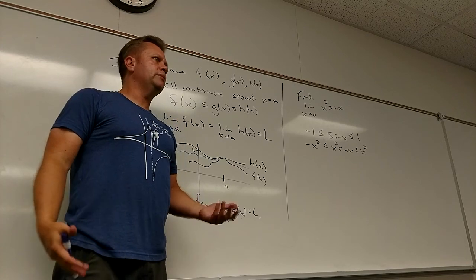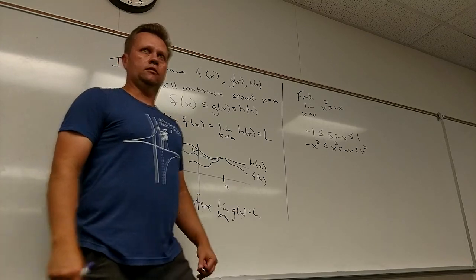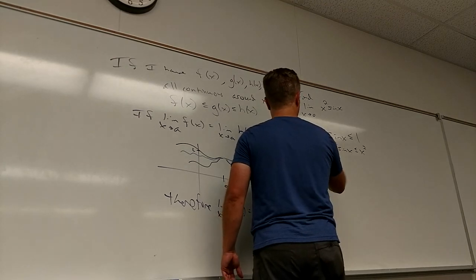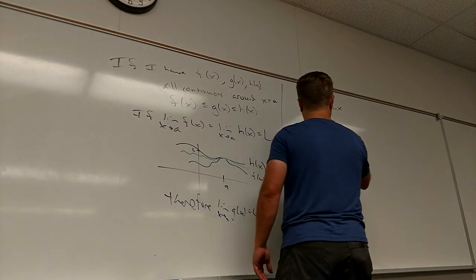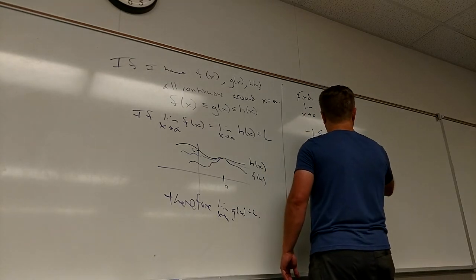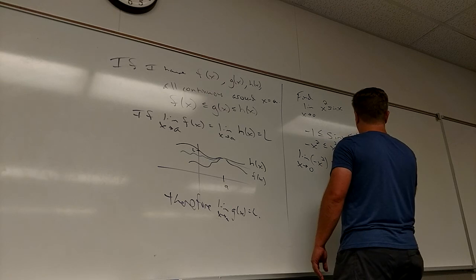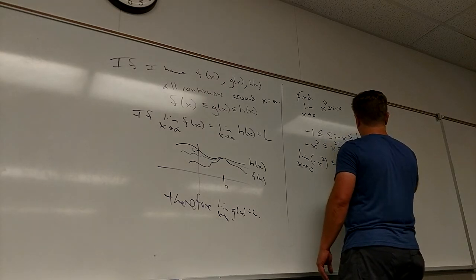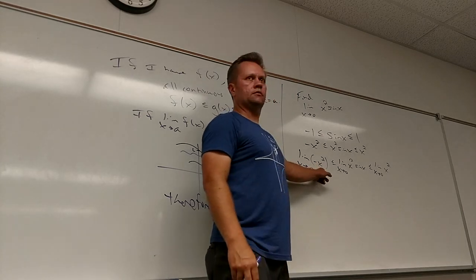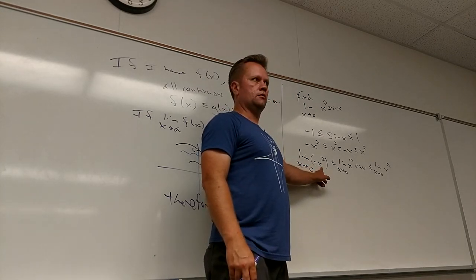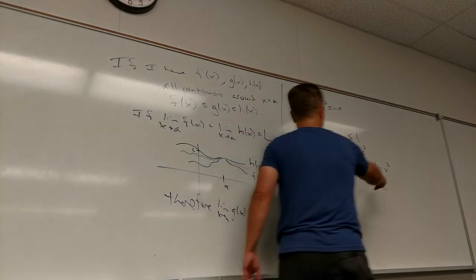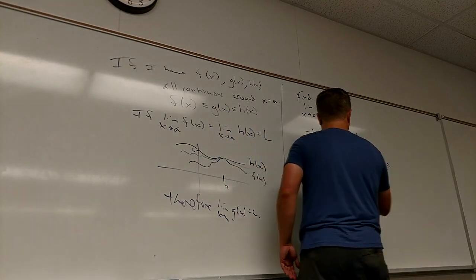Now apply the limit to everything. The limit as x goes to 0 of negative x squared, what is it? 0. What about this side? 0.